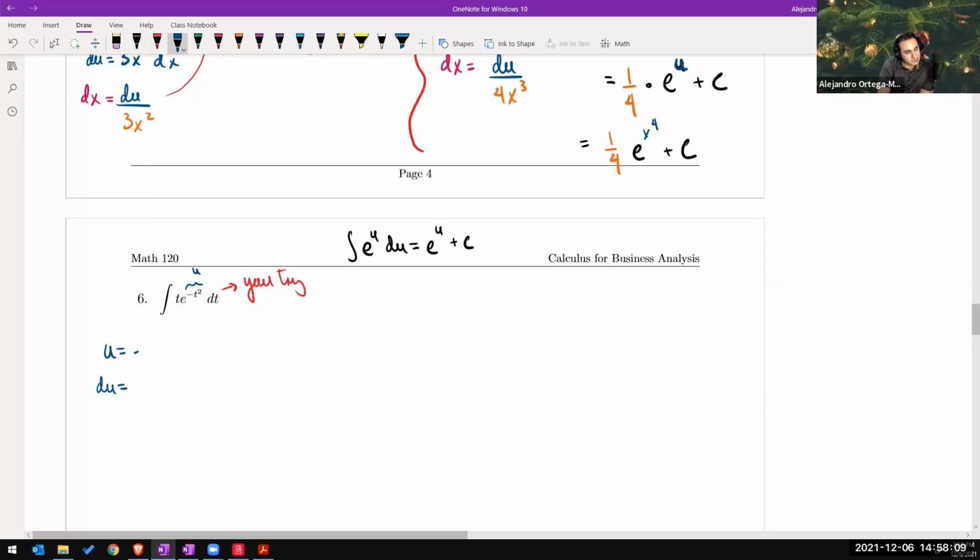If our u is negative t squared, then the du is going to be negative 2t dt. Okay, solve for dt. And that's going to be du over negative 2t.